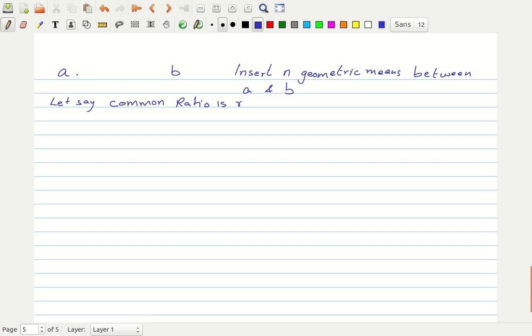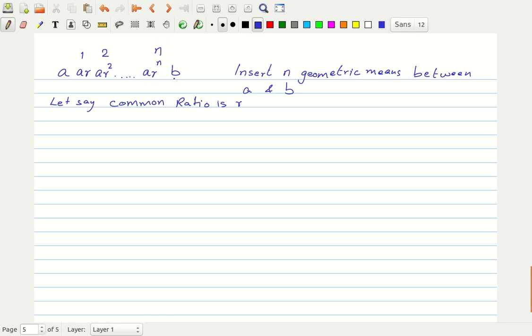The second term would be AR, and this is going to be the first geometric mean between A and B. Then AR square is going to be the second geometric mean between A and B, and similarly if we go all the way, you will have AR^n, which is the nth geometric mean between A and B.